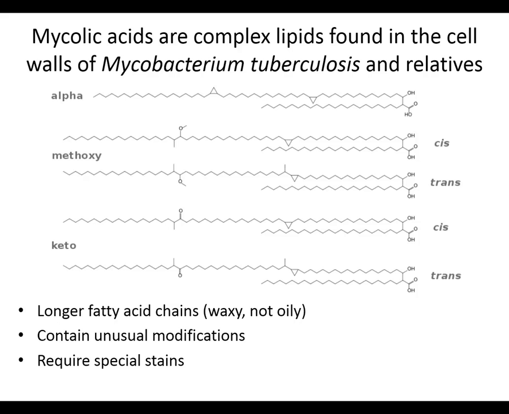They're solid, and they're waxy, and they're really hard for your body to get at, right? One of the things that makes tuberculosis such a nasty microbe is these mycolic acids in their cell wall that make them so hard for your immune system and your enzymes and so on to attack. And antibiotics have a difficult time attacking them.